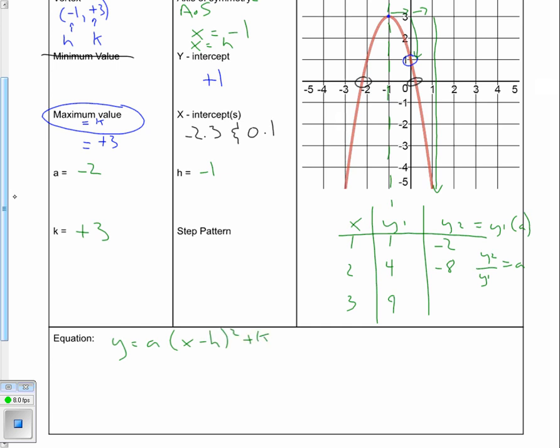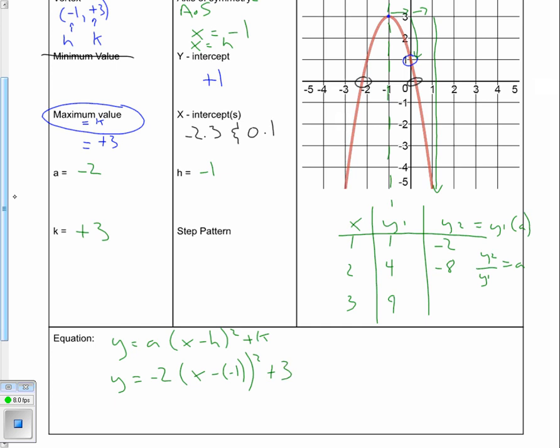So now we're just going to substitute in the values that we have. So we end up with y is equal to negative 2 times (x minus negative 1) all squared, and then k is plus 3.